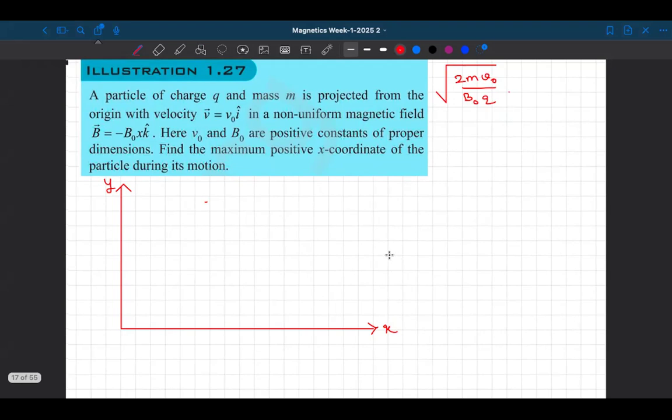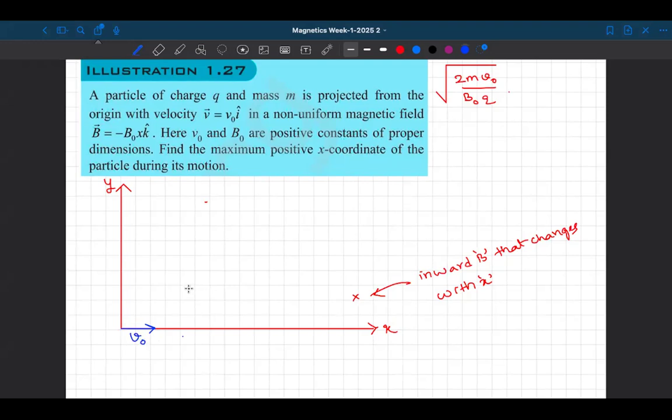You are in a region of inward magnetic field that changes with x. You have projected the charge like this, with the speed v naught.